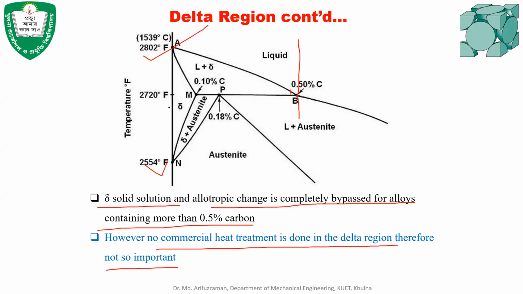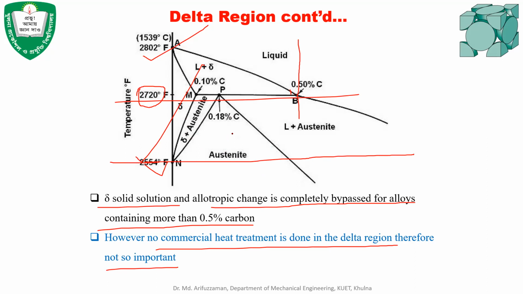If you raise the temperature of iron to 2720 degrees Fahrenheit and then cool it very fast, whatever cooling you apply does not matter, because delta iron eventually will convert into austenite. So above 2554 degrees Fahrenheit, heat treating does not change the structure at room temperature, whatever cooling rate you apply.